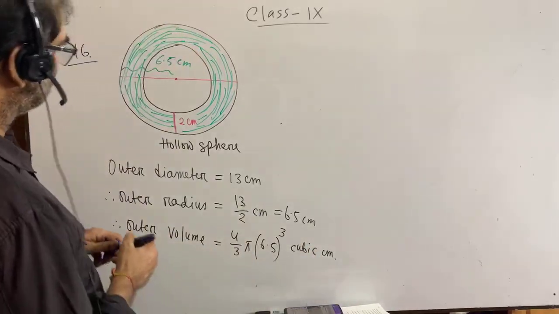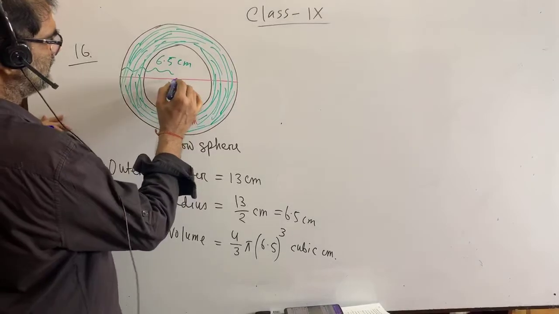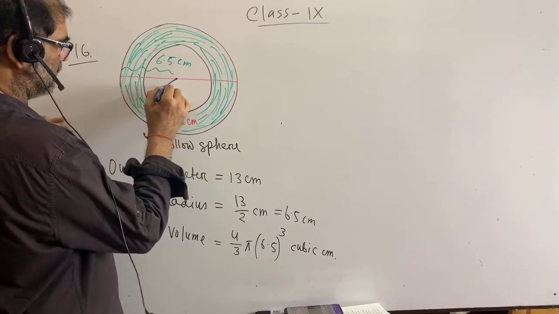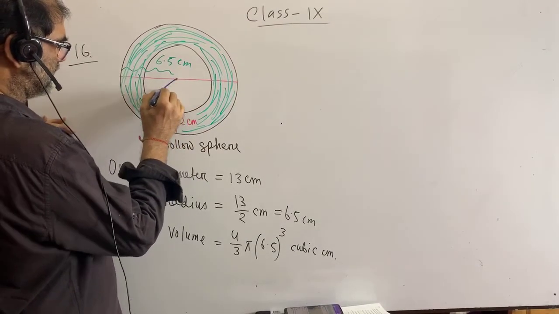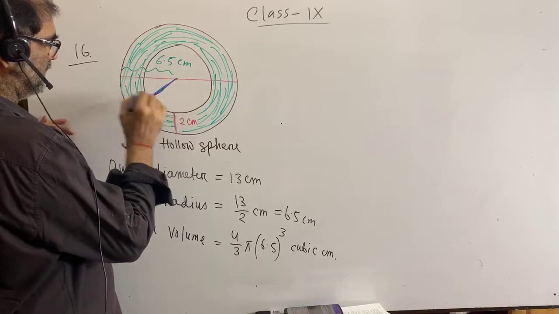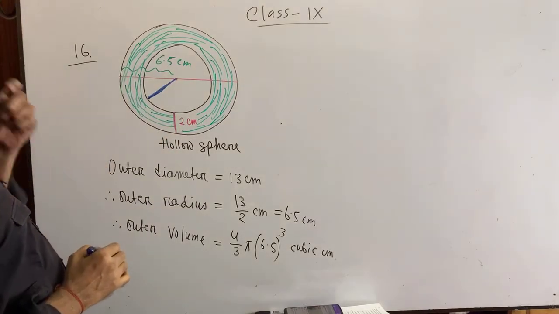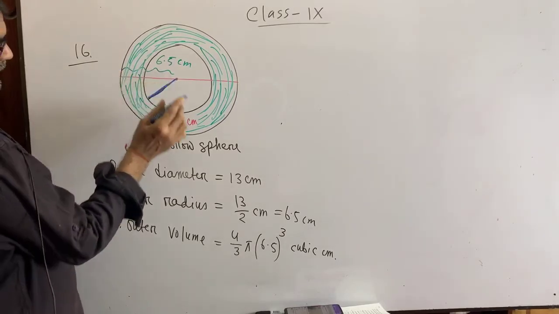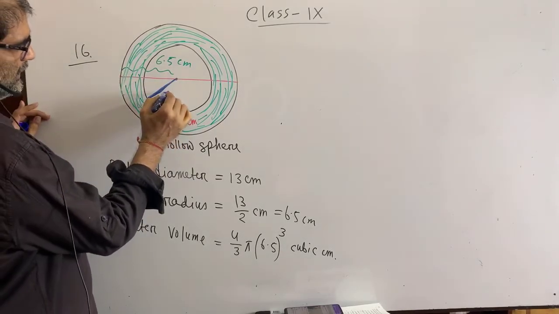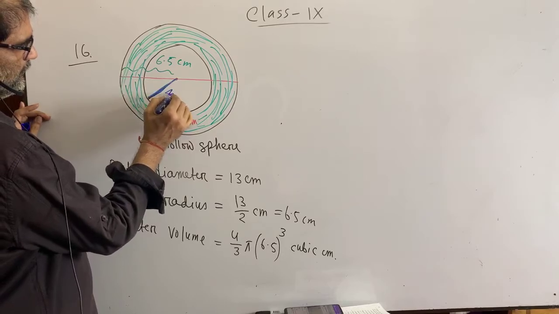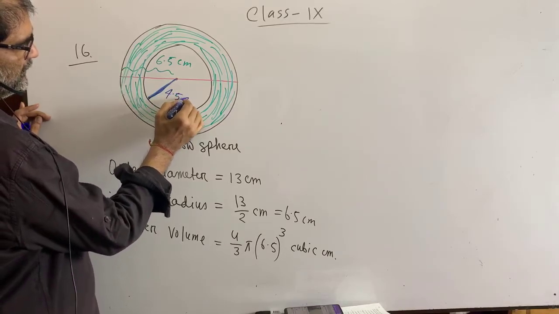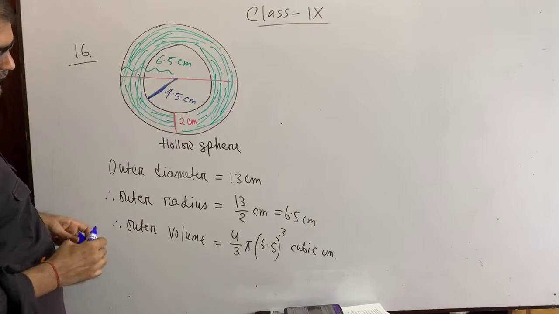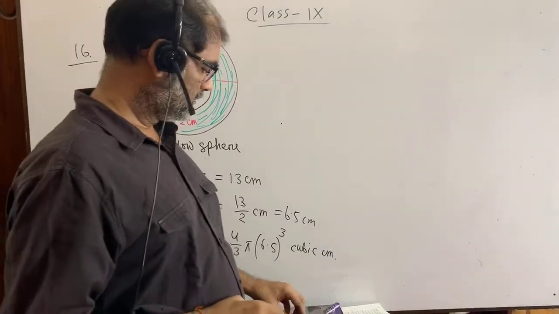What is the inner radius? You see, this is the inner radius. So what will be the inner radius? It is 6.5. This is 2. So we will get inner radius as 4.5 centimeter.